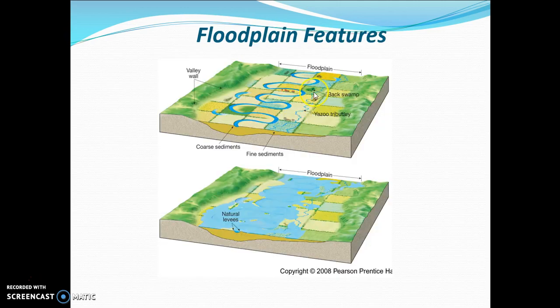So the river will flood occasionally, because the supply of water, during springtime or in places where there's snow melt-off, additional water comes down, and the river may overflow its banks and cover the area that we call the floodplain.